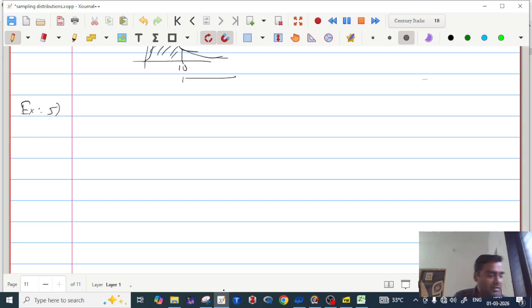Now this will be an example which will cover problems of T also and F also. What is given? Exercise. Xi are IID normal 0, 1.